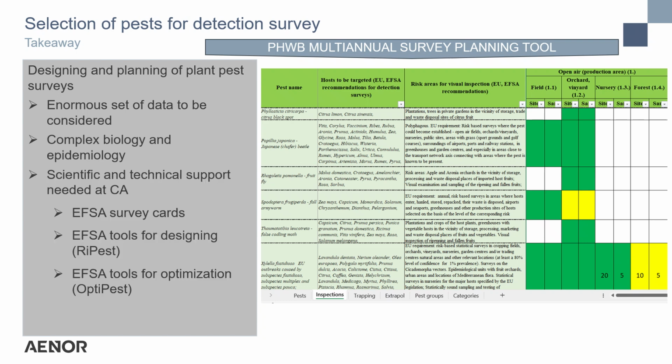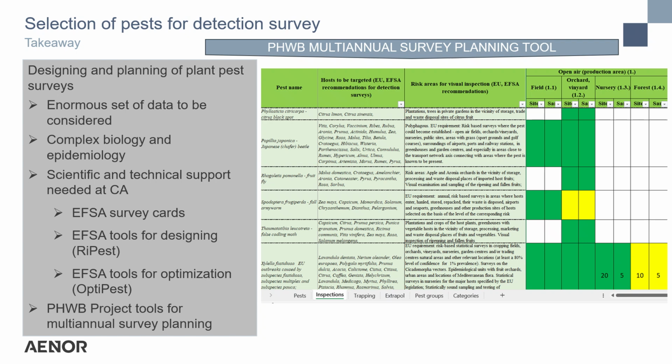The MASP table is based on the scientific and technical knowledge of the European Food Safety Authority, especially on their survey cards. The project tools for multi-annual survey planning can be efficiently used until EFSA applications for designing and optimization of surveys are developed.